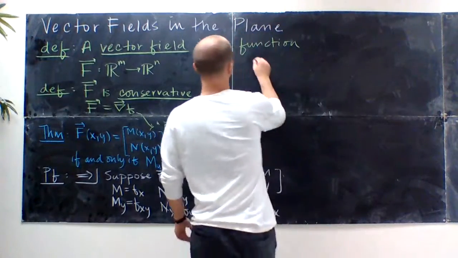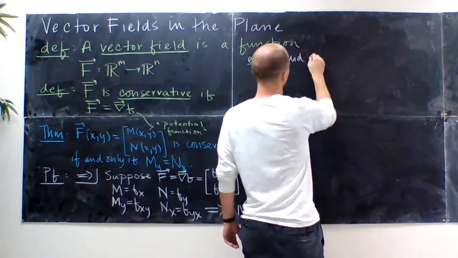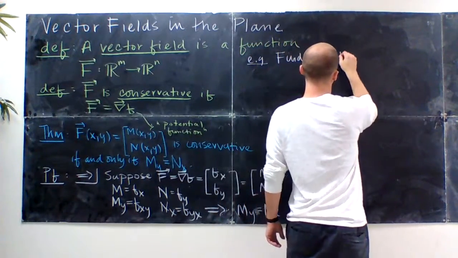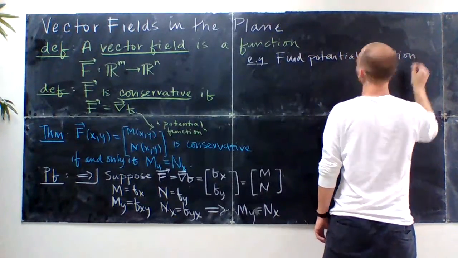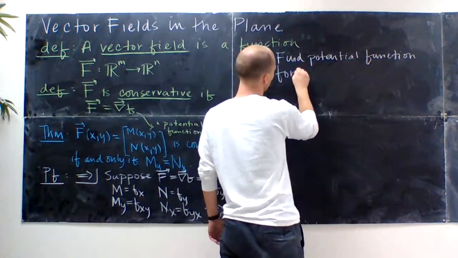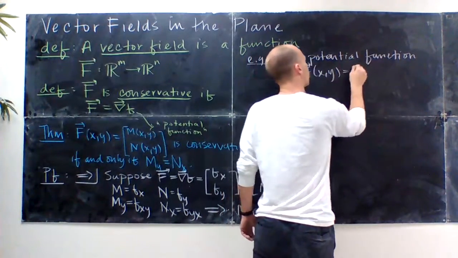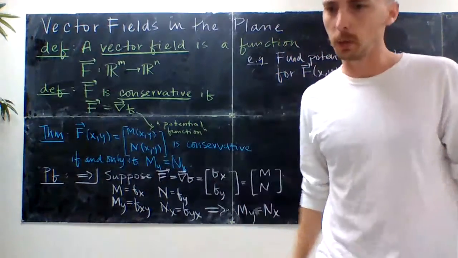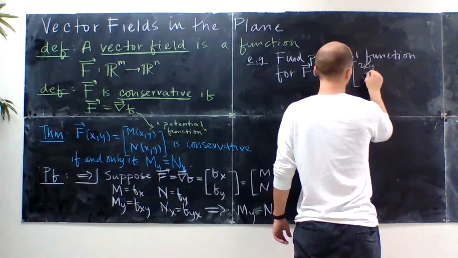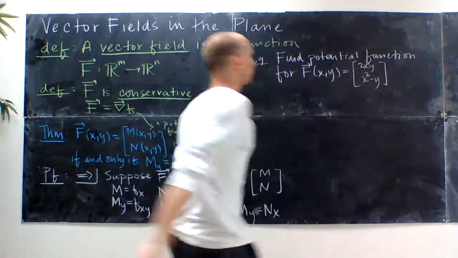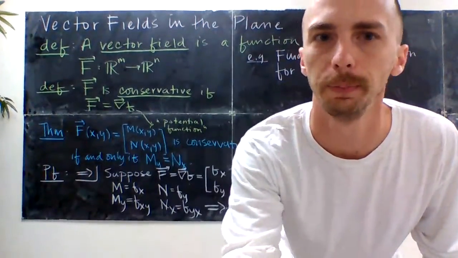Say the field is 2xy and x squared minus y. I'm going to need a new piece of white chalk because this one's completely worn down.